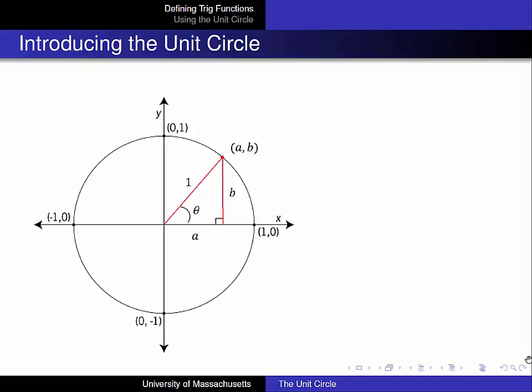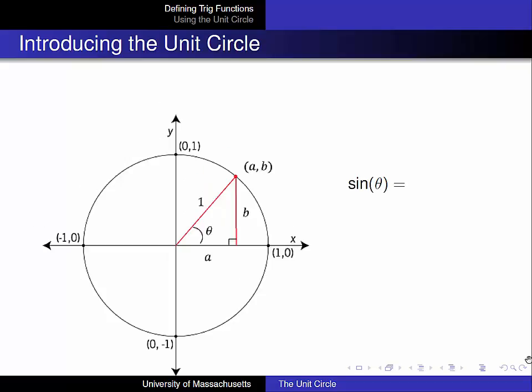Okay, now remember we had our SOHCAHTOA definition of sine, cosine, and tangent. So we know that sine of theta is defined to be opposite, the vertical side, over the hypotenuse, which is the side of length 1. So here we have sine theta is opposite, which is B, over hypotenuse, which is 1. And so that's telling us that sine theta is just equal to B. Now, cosine theta is adjacent, which in this case is the base of our triangle, over hypotenuse.